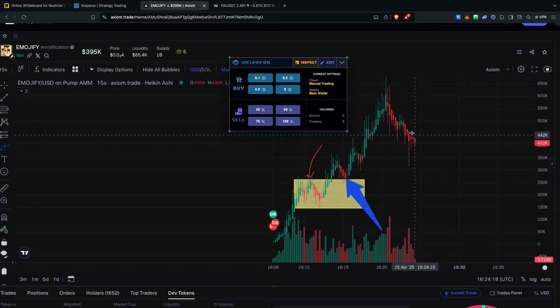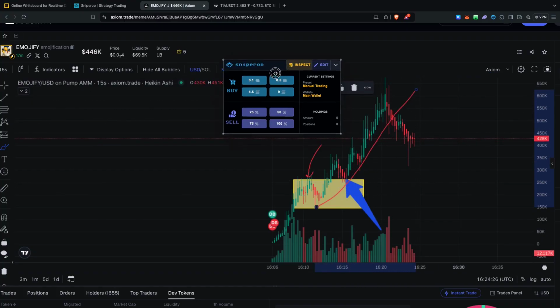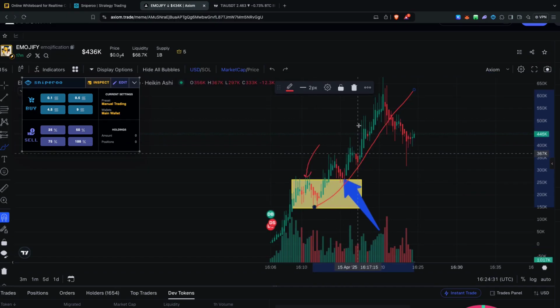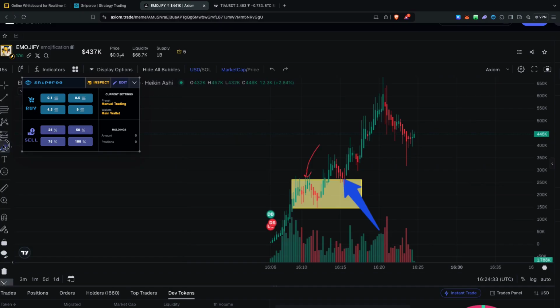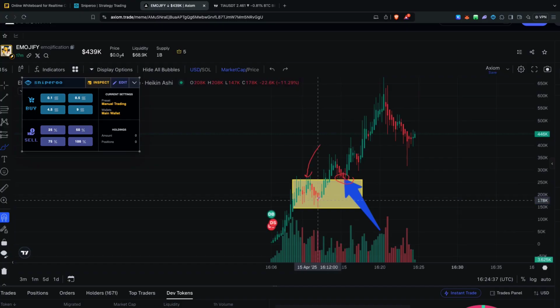So I wouldn't enter right over here, because now it has stopped producing higher highs, because we were consistently in an uptrend right over here, consistently producing higher highs. But right now the price structure has sort of bottomed. However, my entry was going to be around this level or that level right over there. So I could have already been stopped out by Sniperoo.